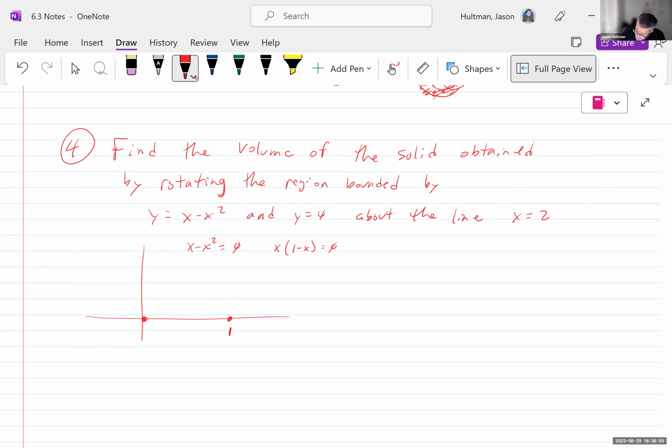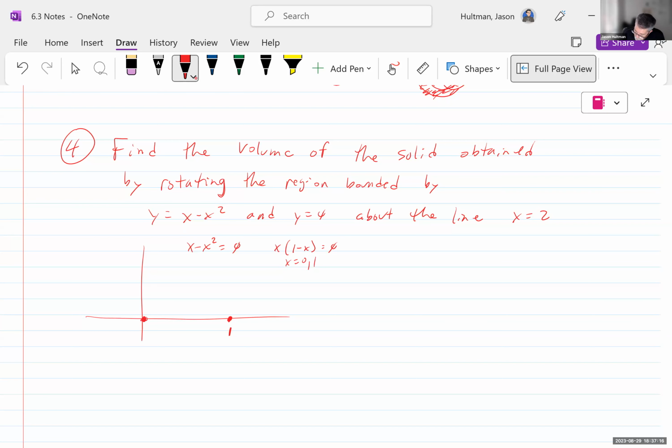So we get the roots of the parabola at x equals 0 and x equals 1. And so we get our 2 zeros there.